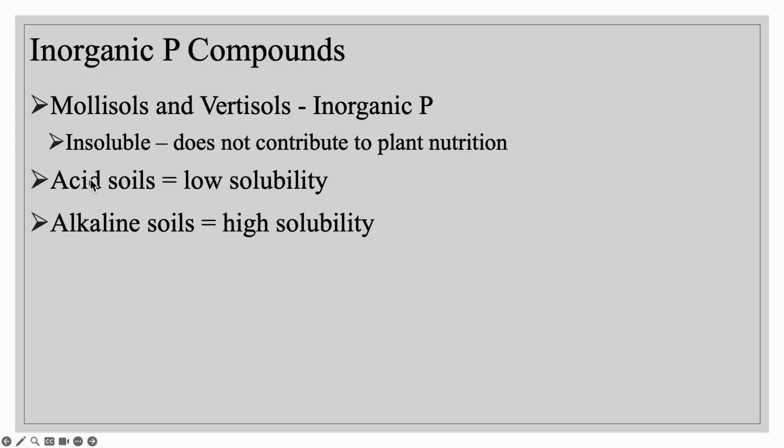Acidic soils will have low solubility because as our soils become more acidic, technically, they're also becoming more positive. And H2PO4 negative is going to want to find a positive, just like nitrate is going to want to find a positive. If we have alkaline soils, we have a lot of hydroxyls, or OH negative, and so that H2PO4 negative is going to be looking for that positive.